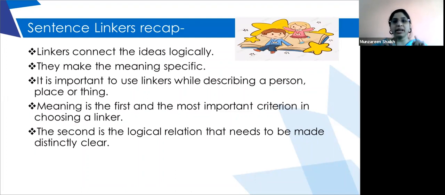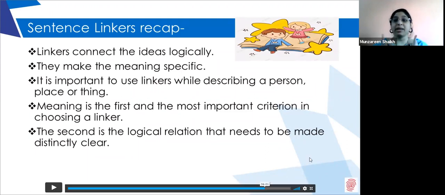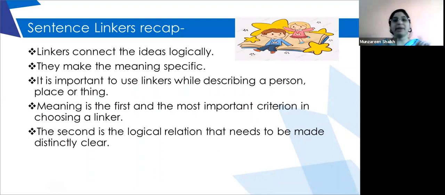Whenever you are using a linker, it gives you a specific meaning. Third, it is important to use linkers while describing a person, place, or a thing. Whenever you are writing a descriptive paragraph, you make sure that you use linkers.